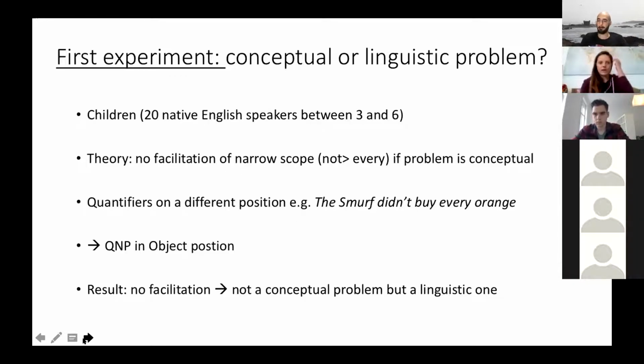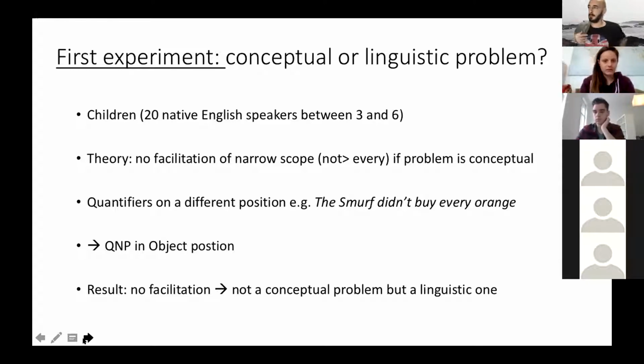Good. Next slide? Yeah, thanks. So Lidz and Musolino conducted a couple of experiments. The first one was to find out if children have a conceptual or a linguistic problem. They took 20 native English-speaking children between 3 and 6. The theory was that if there is a conceptual problem, so children cannot wrap their head around the non-isomorphic relation, then there should be no facilitation whatsoever, no matter what you do.